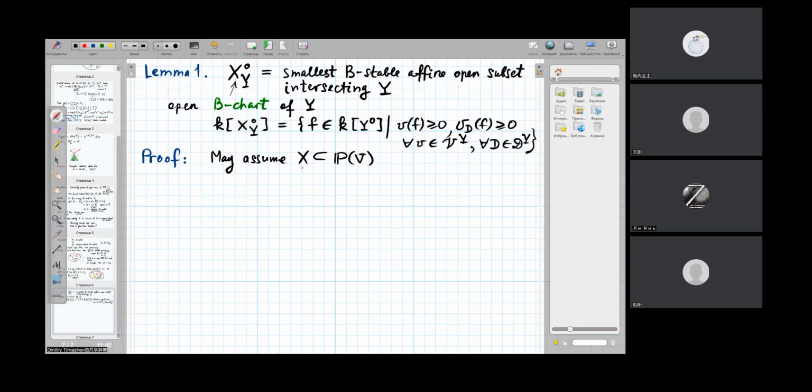And X is a G-stable subvariety in this projective space. Since it is quasi-projective, it can always be equivariantly embedded in a projective space equipped with the linear action of G. Let us take the projective closure of X in this projective space. So X bar is the projective closure.